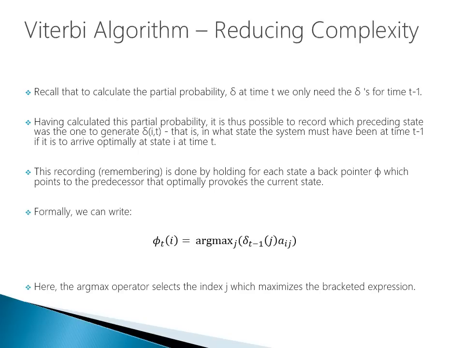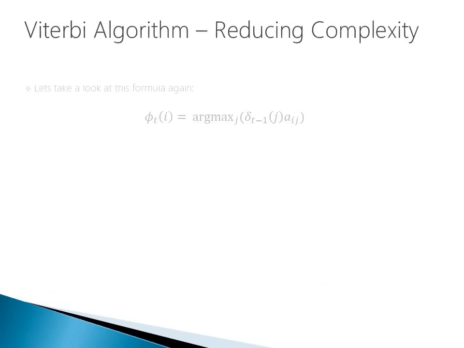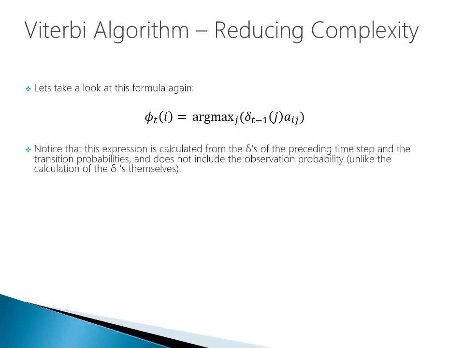Formally, we can write this as follows. Here the argmax operator selects the index j, which maximizes the bracketed expression. Let's take a look at this formula again. Let's just keep it front and center now. Notice that this expression is calculated from the deltas of the preceding time step and the transition probabilities and does not include the observation probability, unlike the calculation of the deltas themselves.